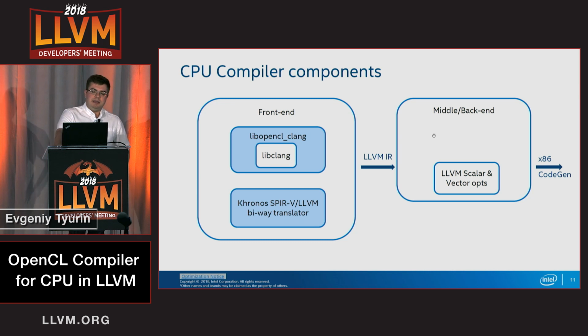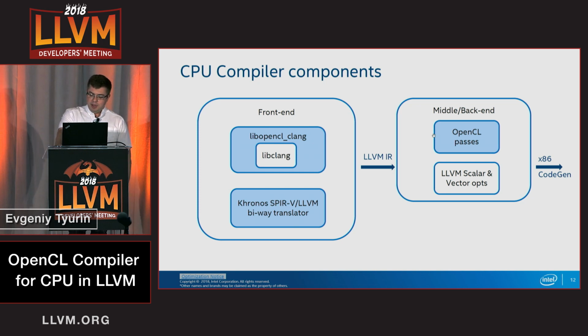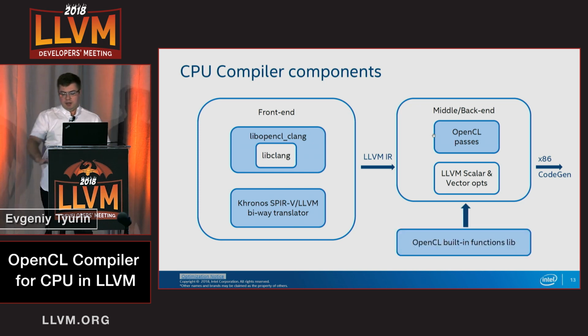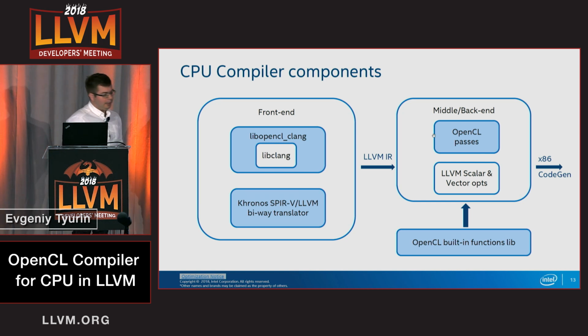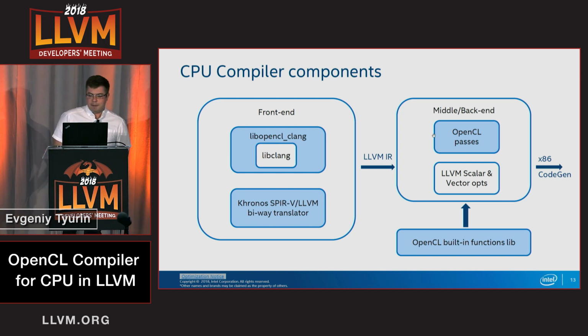Then we're going to inject a bunch of OpenCL-specific passes into the LLVM pass manager. Quite late in the optimization stage, we're going to link in the OpenCL built-in implementation library. And since OpenCL mandates a just-in-time compilation model, we're going to use MCJIT as the just-in-time compiler engine.